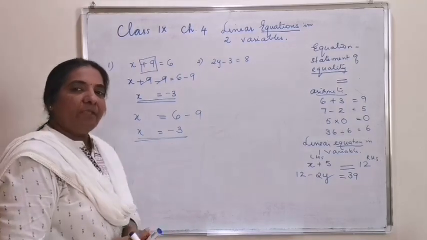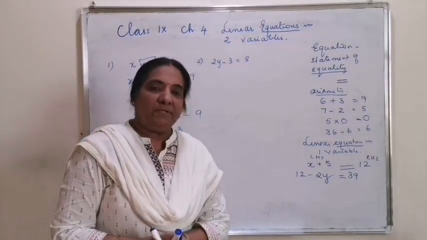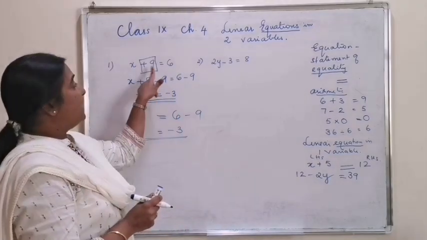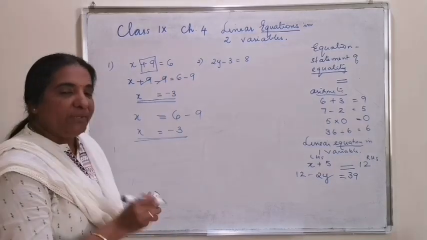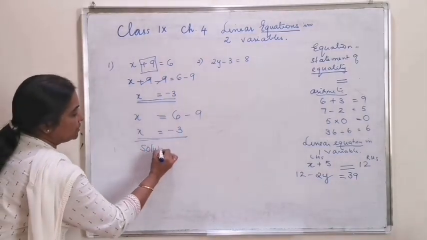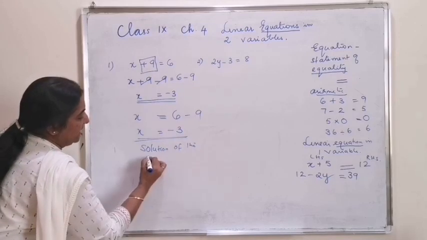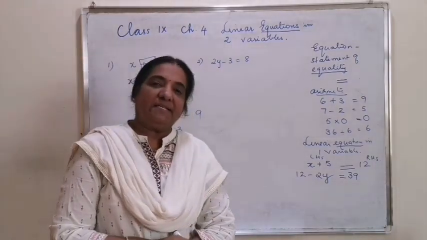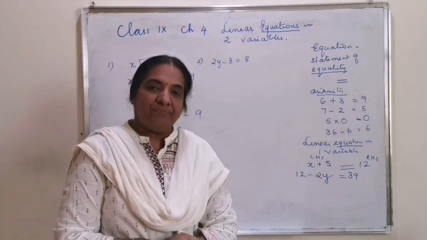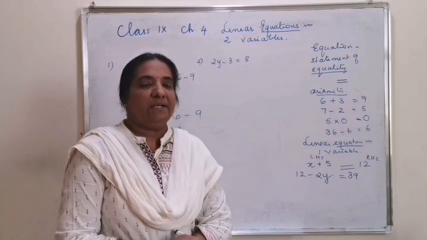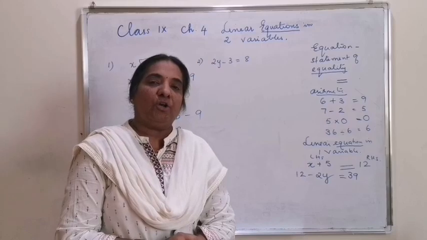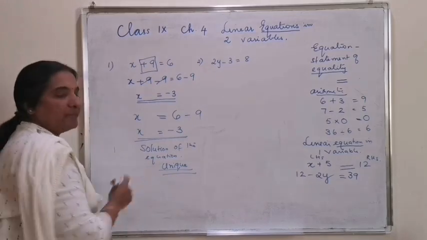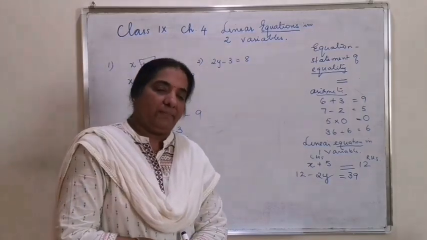That is, for a linear equation in one variable, there is only one value of the variable which will satisfy the equation, and we call it the solution of the equation. Depending on the variable, whether it is x or y or z, for a linear equation in one variable there will be only one unique solution.